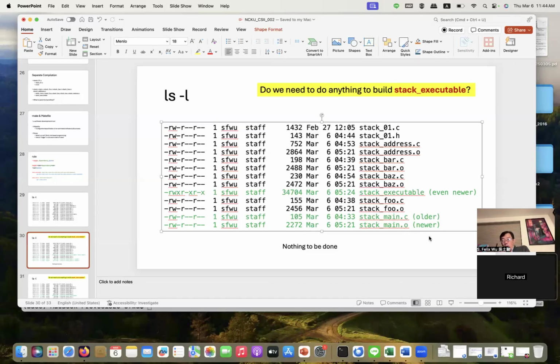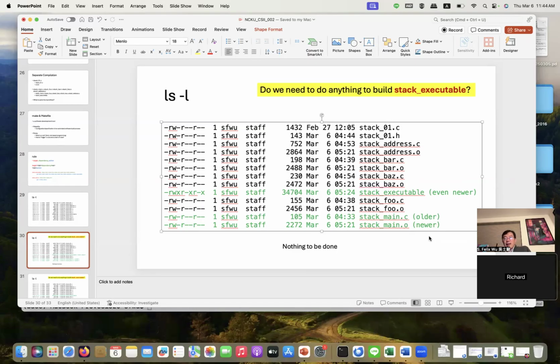So in this case, the stack executable is already the newest based on the newest version of all the .c files. And therefore, the make program is smart enough to figure out, based on the timestamps, hey, wait a minute, you don't need to do anything. And this actually saves unnecessary computation in your system.